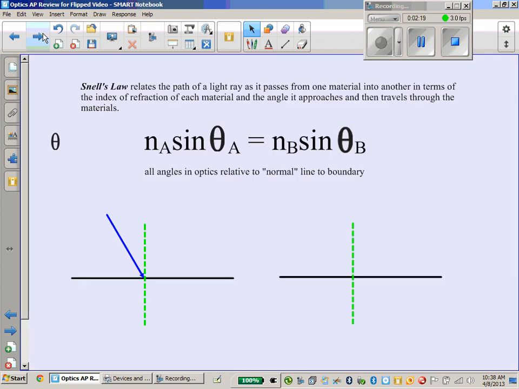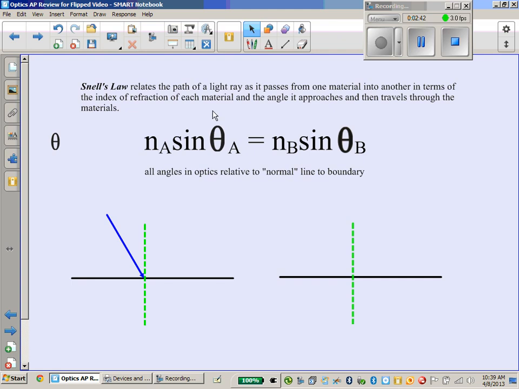Hours of fun. The other thing I'm going to remind you about is Snell's law. I'm not going to do the derivation, but Snell's law allows you to relate the indices of refraction of some material A and material B, and the angle at which the light comes in and then exits. I'm going to try something new here.